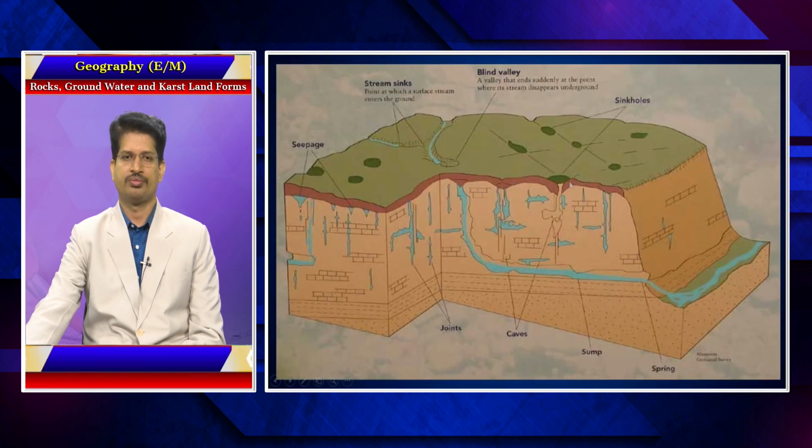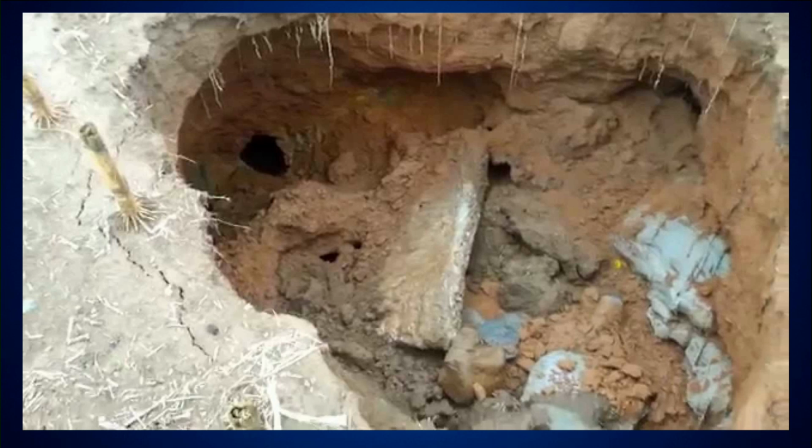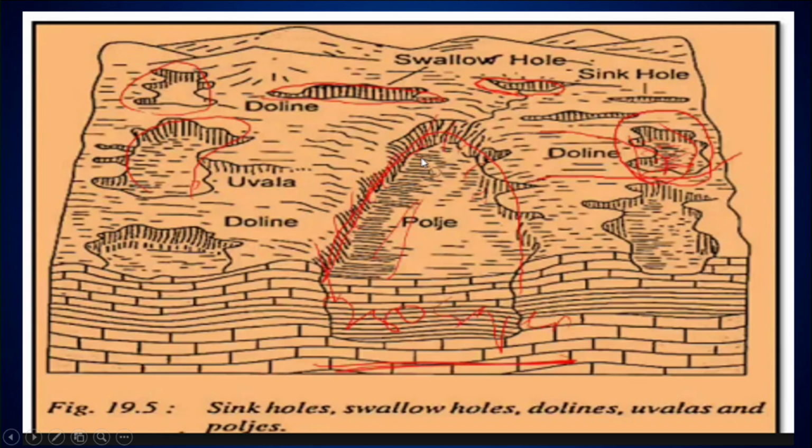Sinkholes, caves, so these are sinkholes. When the solutional activity extends, what happens? Both the sinkholes merge to form a larger structure. So, this is because of the solutional activity. When these sinkholes merge, this structure is known as a polje.